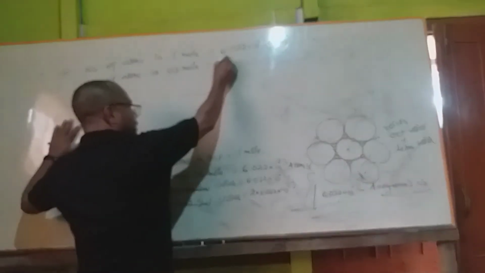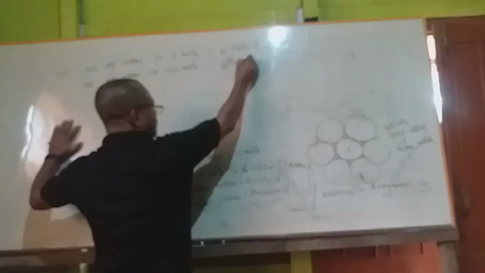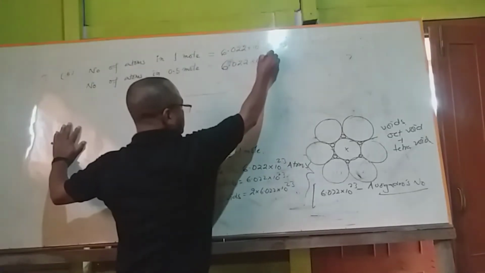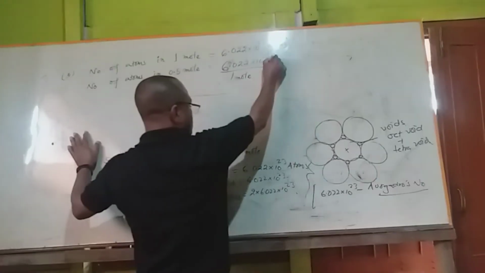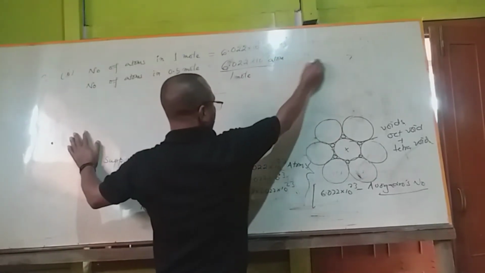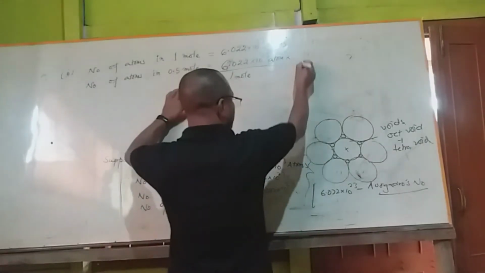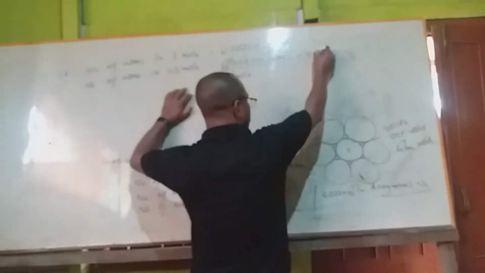So we calculate 6.022 into 10 to the power 23 divided by 1 mole, multiplied by 0.5 mole.